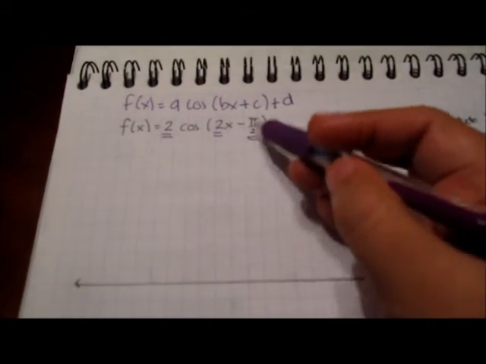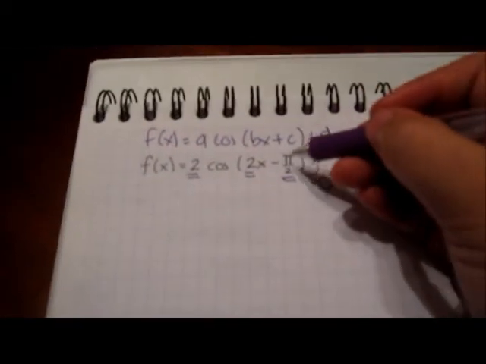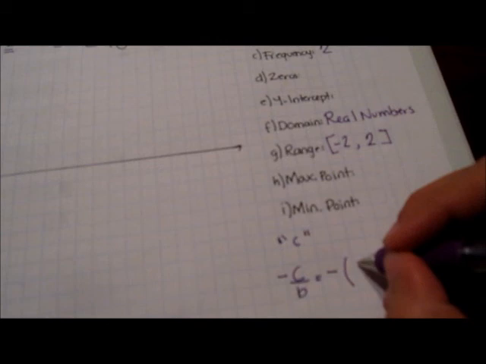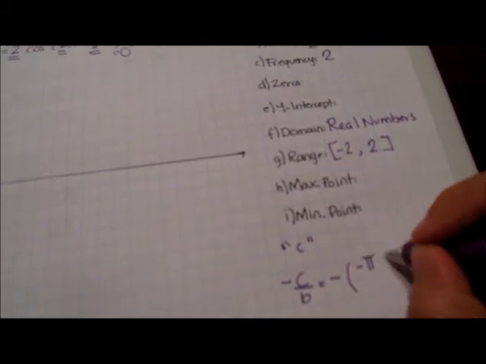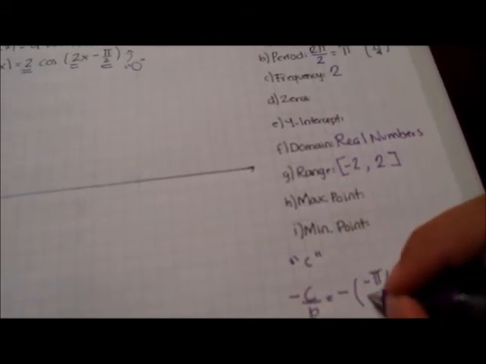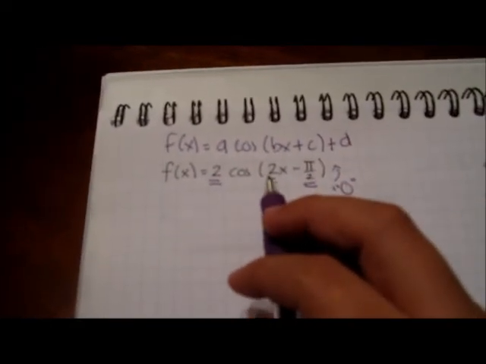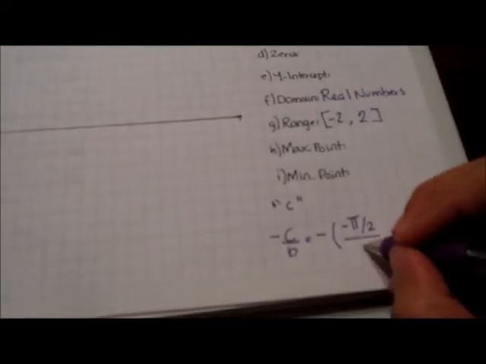In this one, I have a negative number, so I will use parentheses just to make things clear. Negative c, that equals negative pi over 2, divided by b, that b equals 2.